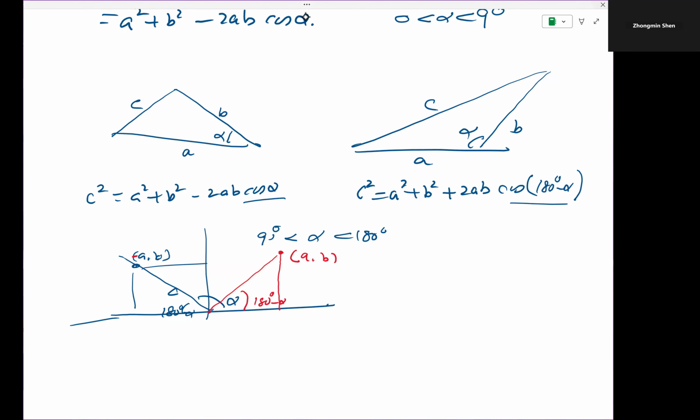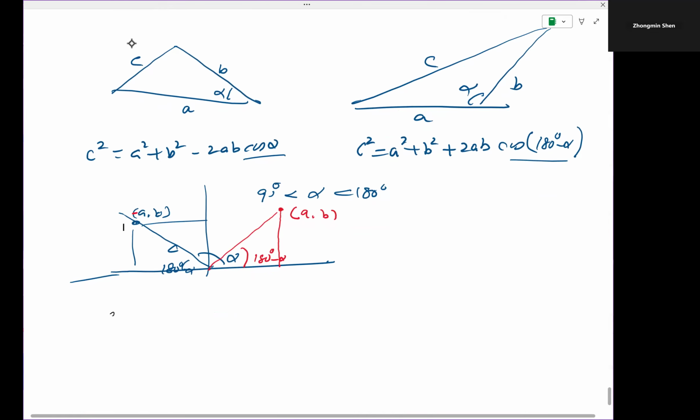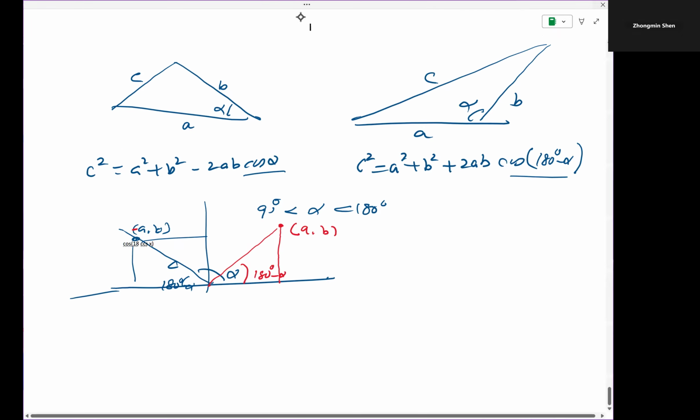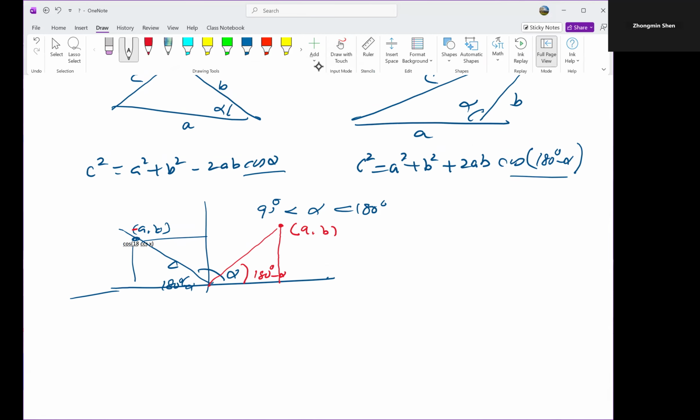Okay. So as you can see, cosine alpha, sorry. Okay, I just use a red pen.